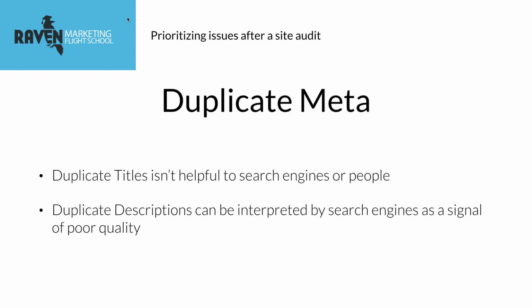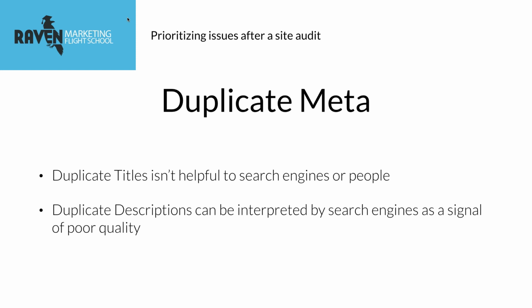Now, with duplicate descriptions, this actually can be a signal to search engines like Google of poor quality, or that you're just mass producing information. I know in particular Matt Cutts of Google has said that you really need to make sure that you are doing unique meta descriptions on each page.